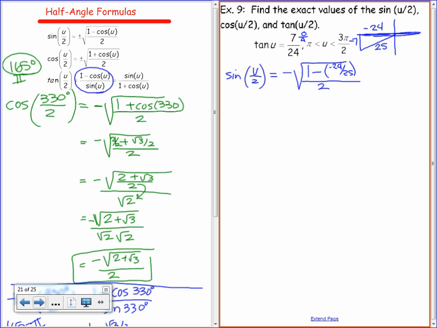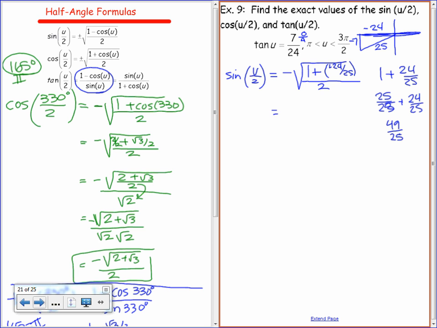And now I just have to simplify all of this. Those are pluses, so I really have 1 plus 24/25. 1 is 25 over 25, added to 24 over 25. This is 49 over 25.